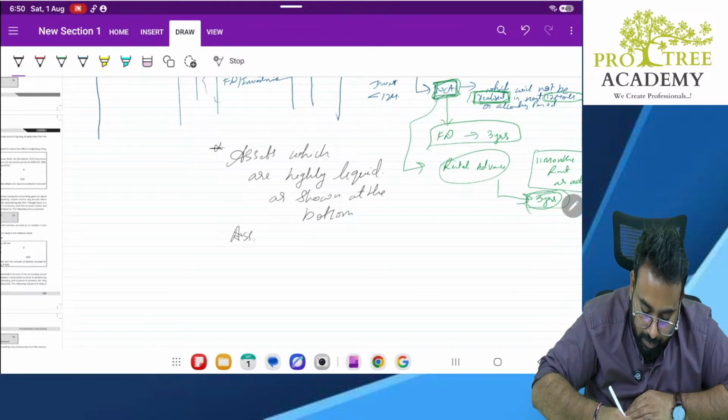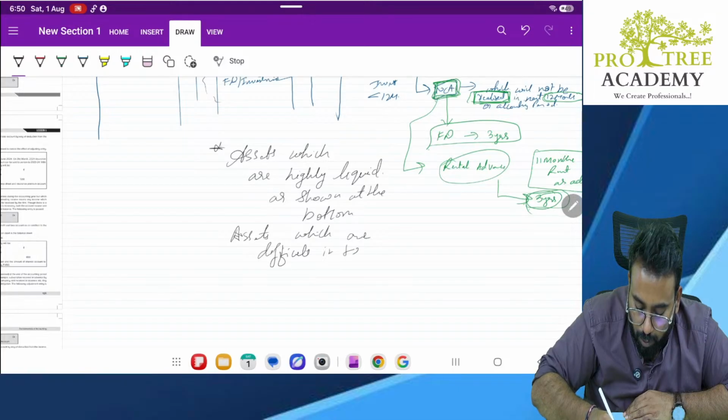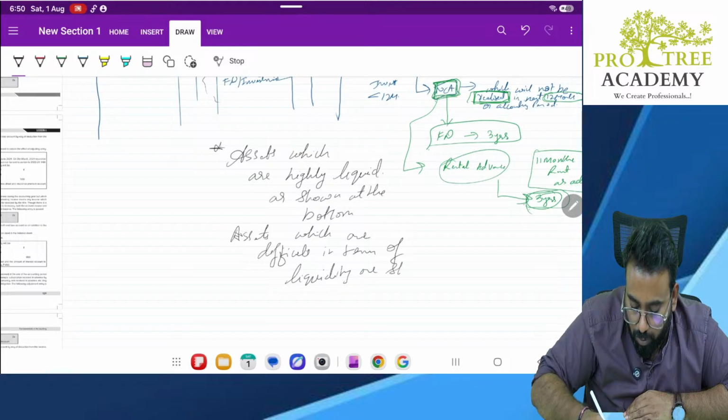Assets which are difficult in terms of liquidity are shown at the top.